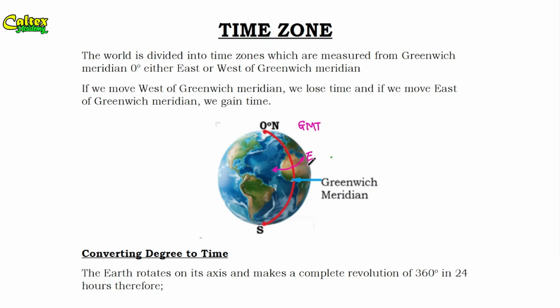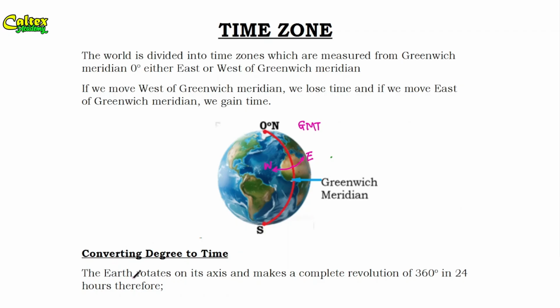And we realize that if we measure time in the western hemisphere, we always lose time. And if you measure time from 0 degrees to the eastern part, we gain time. That is a good note for us to also take. And the next point we need to also know is how we can convert degrees to time.